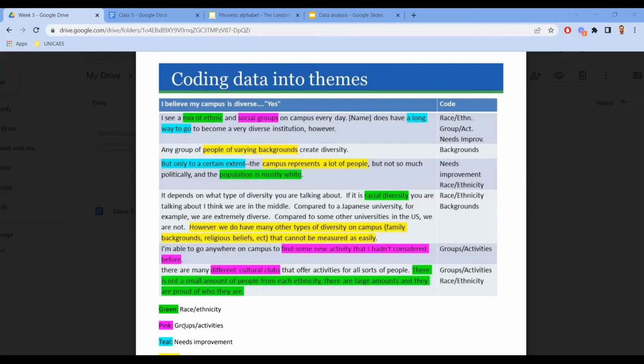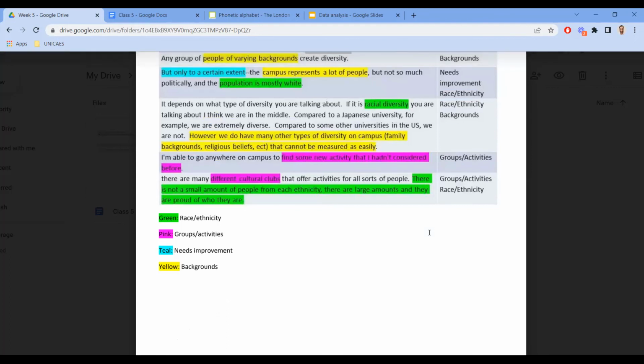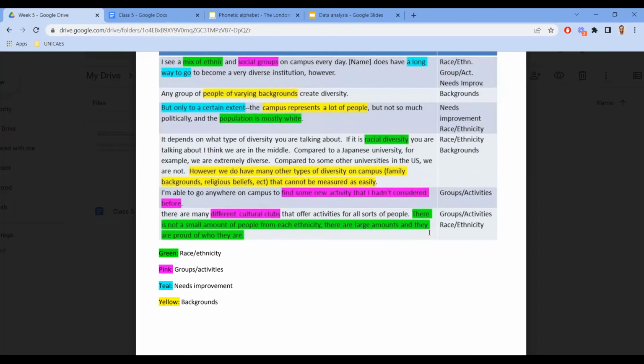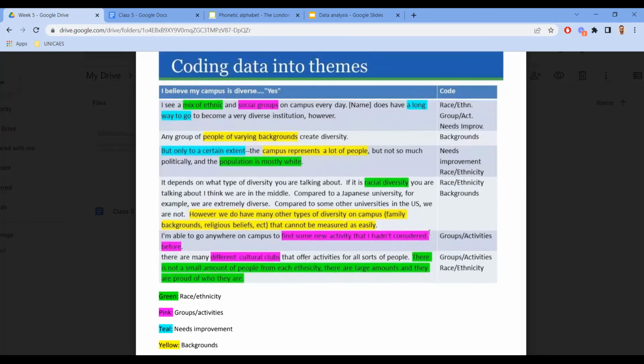For example, to highlight the answers with green related to one topic. Another one, it says over here, groups and activities, it's in pink. In teal, needs improvement, and yellow, backgrounds. And this is where you start thinking.